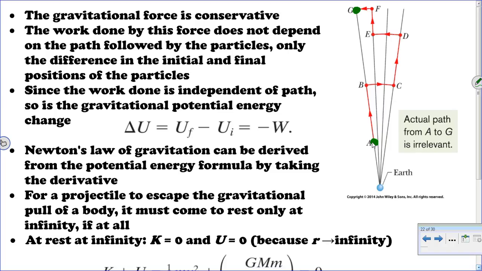So to find the work done by gravity, you'd find the change in gravitational potential energy. You'd be gaining gravitational potential energy, and so the work done by gravity would be that number, but opposite, because it would be moving this way, but gravity's pulling down. So the work done by gravity is negative, and the gain in gravitational potential energy is positive.